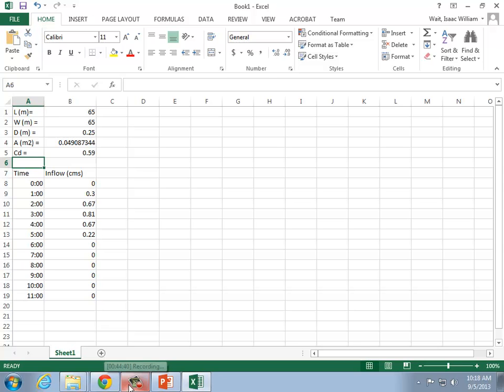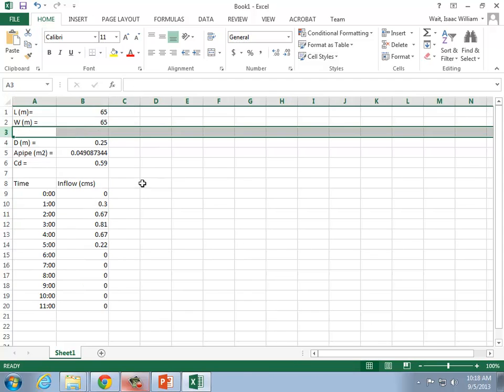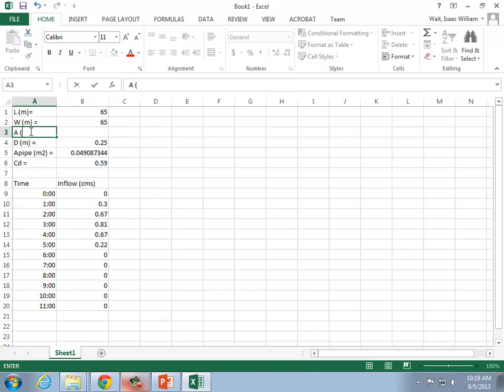I'll call this area of pipe because I'm also going to have an area of pond. And that'll just be the 65 times 65, of course.